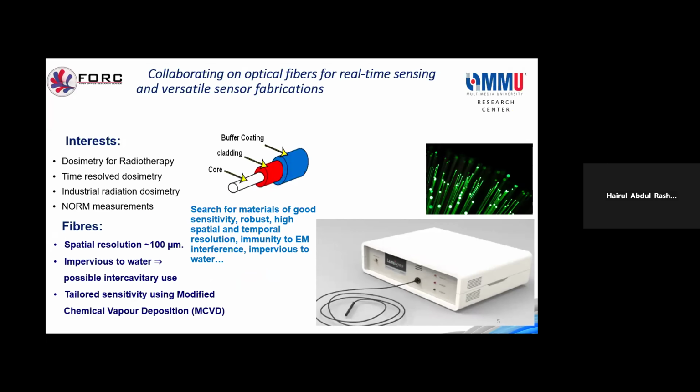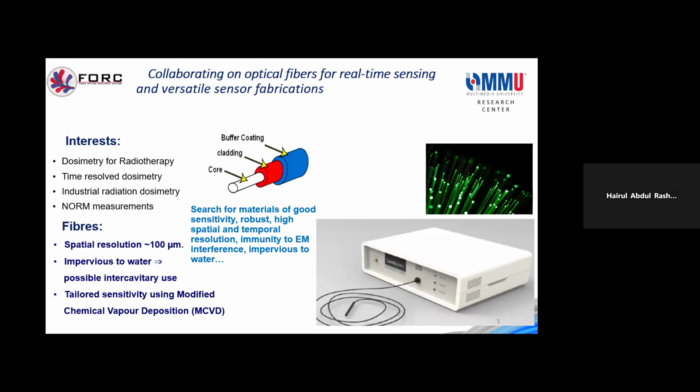Our internet connectivity today, our wireless communications, are still using optical fibers in the backbone. The optical fiber is made mainly from silica, and it is made of several layers of core and cladding, both in silica. It has a buffer coating, which is typically polymer-based, mainly for protection purposes.